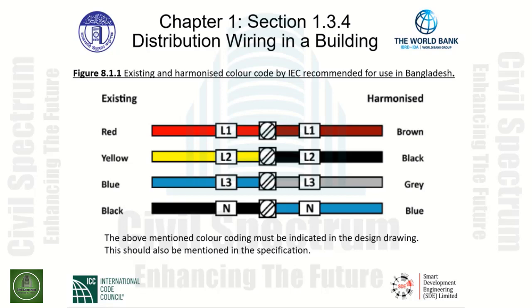This way, it's easy for anybody to service, maintain, or even add on to the systems and understand the color coding with respect to the different phases and neutrals of our systems.